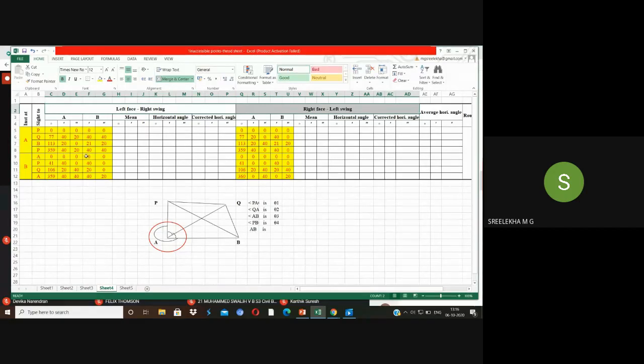So then we can see 0 values. Corresponding P values, sighting to P, the angular values are written here, then Q and A. So that is with left face. The same similar value it is got from the right face here. Just enter that values. Is it complete?